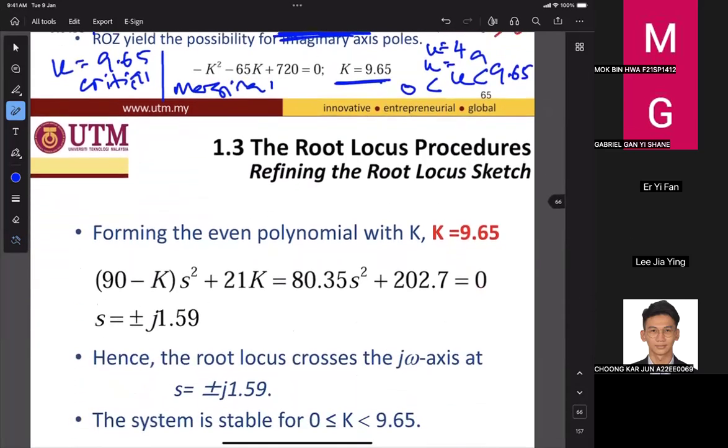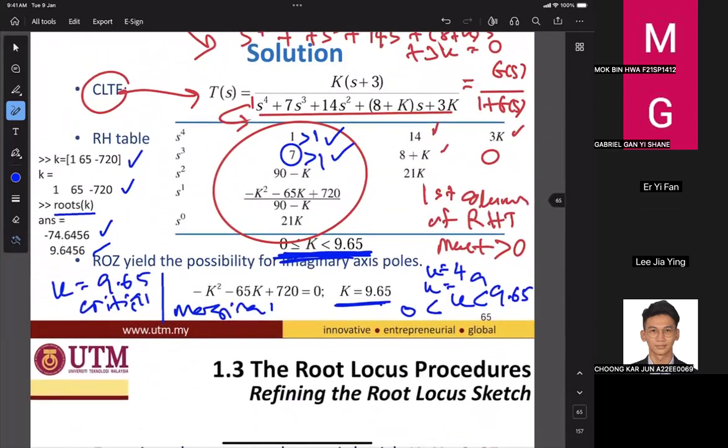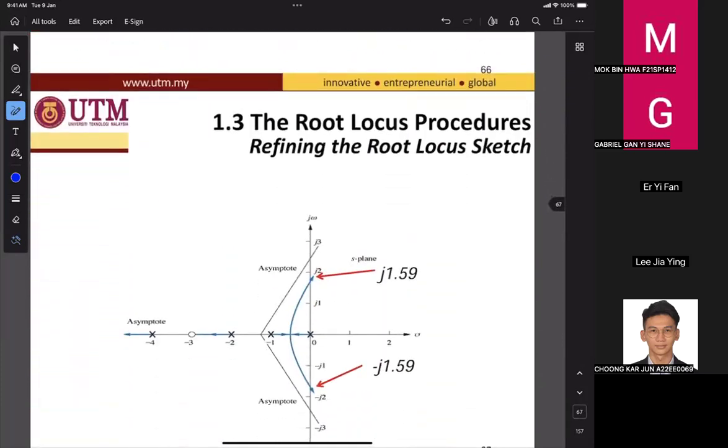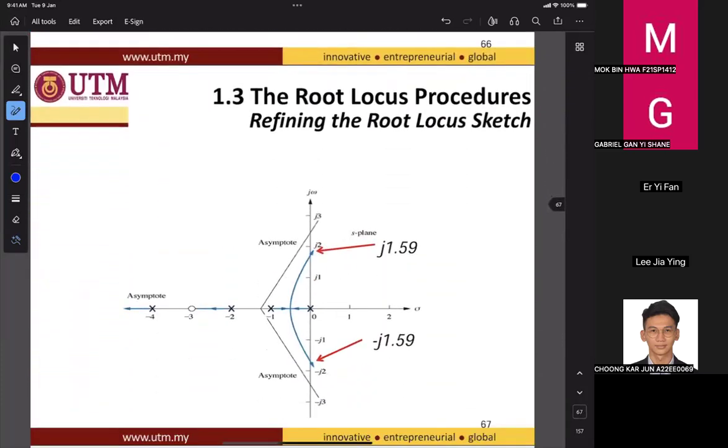Okay, guys. So why did I mention that? Because if we plot here, okay, the 0, -1, -2, -3, -4 is here. Okay. This is where K is equal to 9.65, where it is critically stable.